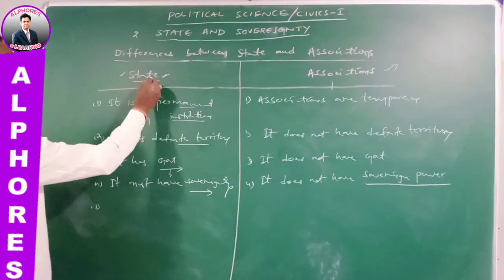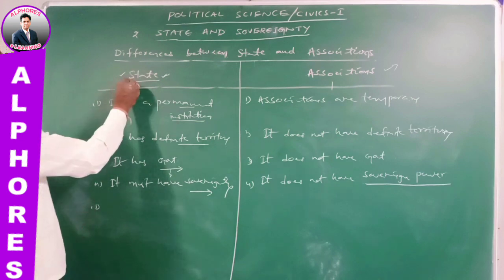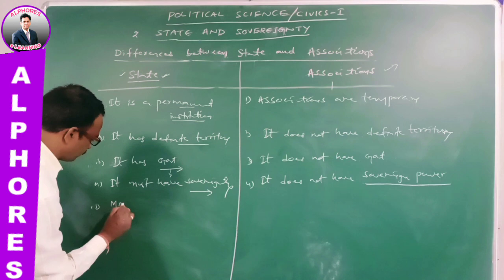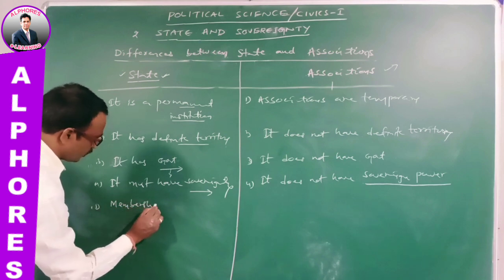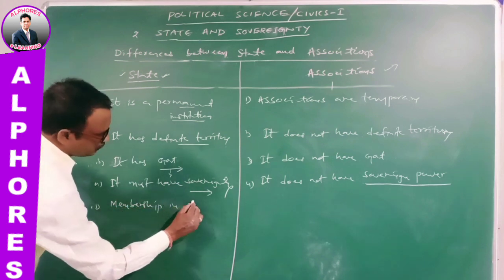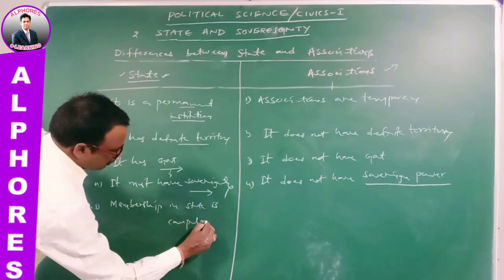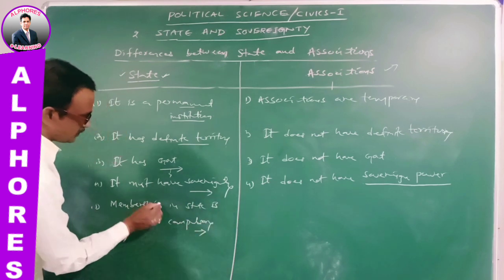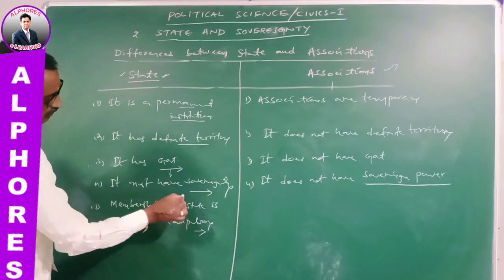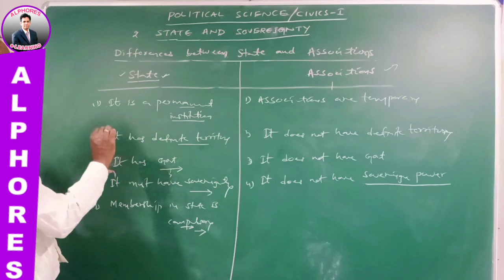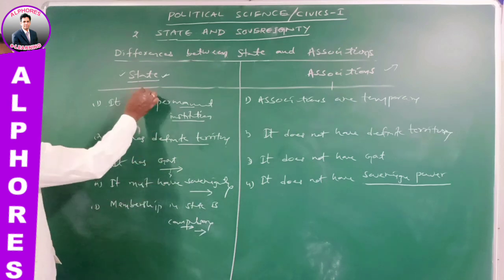Then the membership in the state is compulsory. In the last classes I said the membership of any individual in the state is compulsory. By birth automatically they will get the membership in the state.